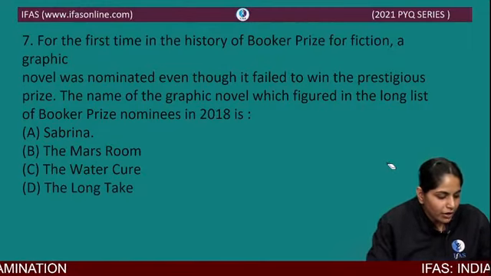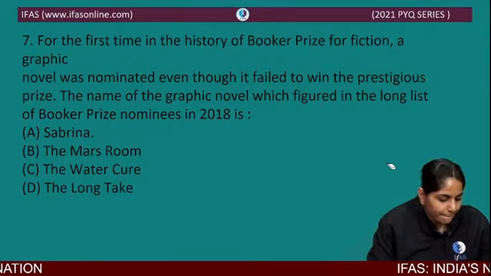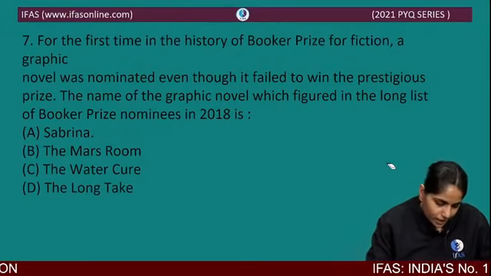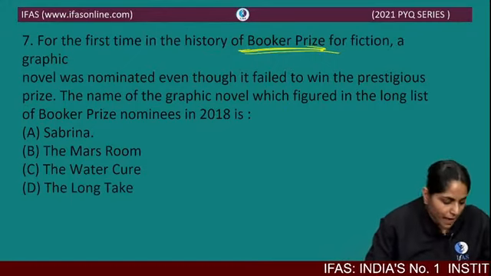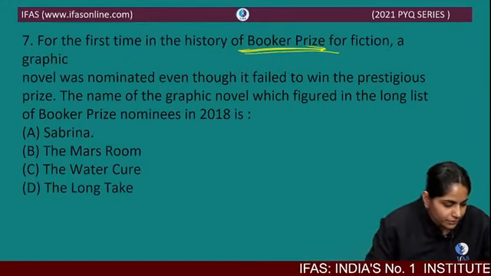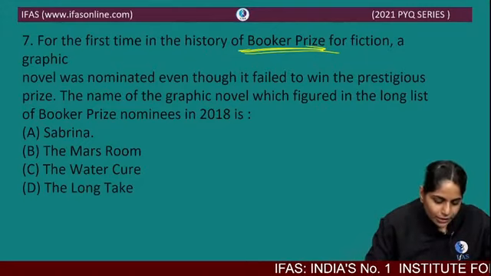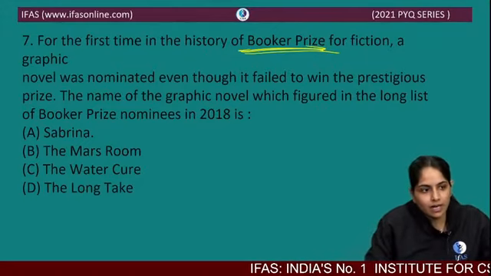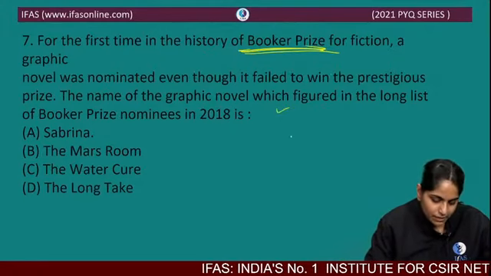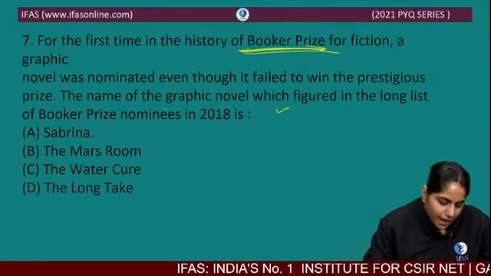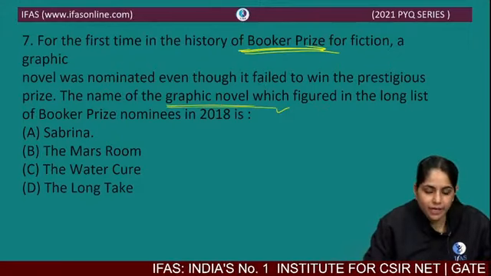Here they are talking about the Booker Prize for fiction. So as you all know, this is a fiction. So there is a movie based on this work or this novel. This is a graphic novel. Okay, that is the name of the graphic novel.